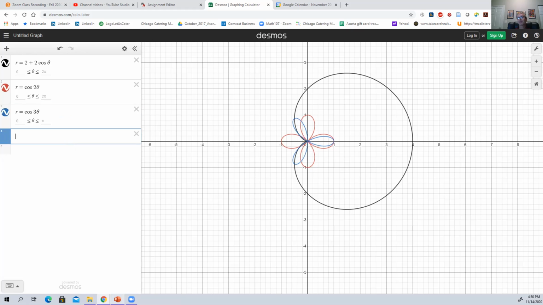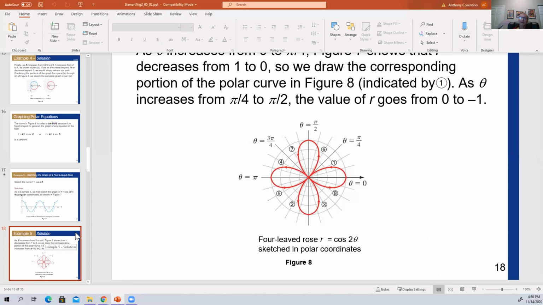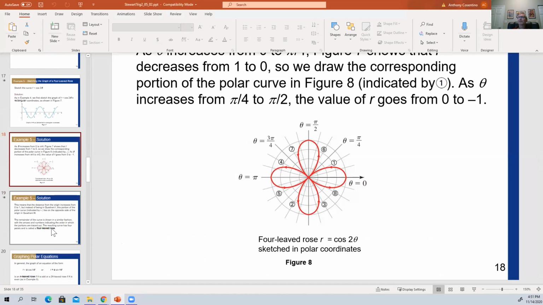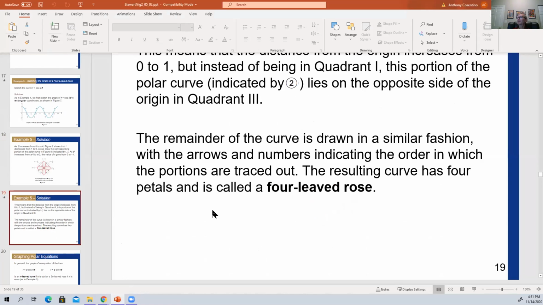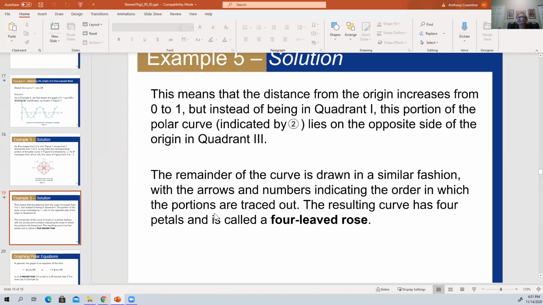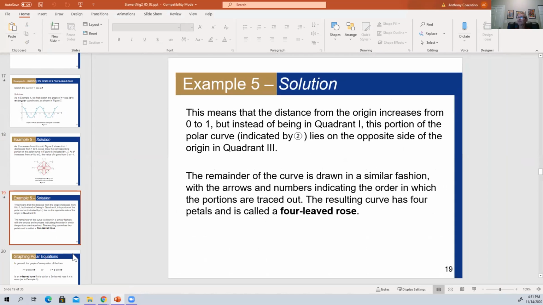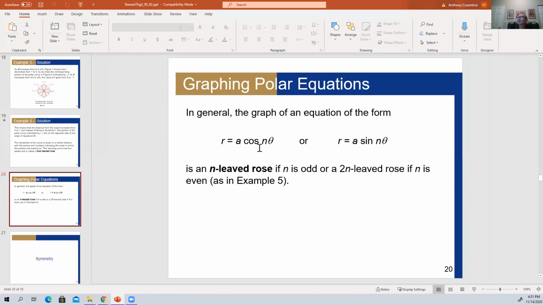And the only way to prove that is to walk through the same type of analysis that I showed you before and just keep plugging in values of theta. And so again, this is the four-leaf clover. And you could see here, n number of leaves if n is odd, and 2n number of leaves if n is even.